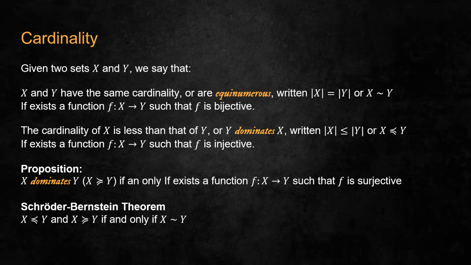And we also say that the cardinality of X is less than that of Y, or that Y dominates X, if there's an injective function. So injective means that every element of X has a different element of Y, but it's not guaranteed that all elements of Y have a corresponding element in X.